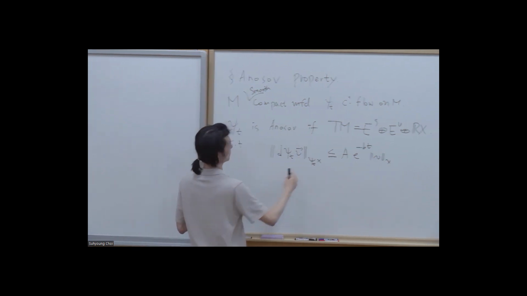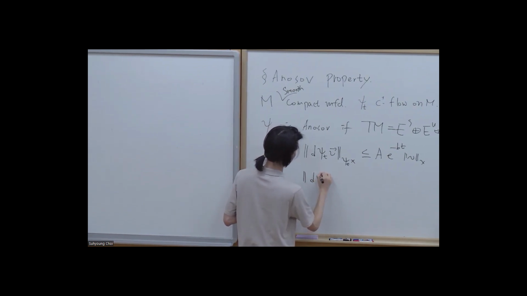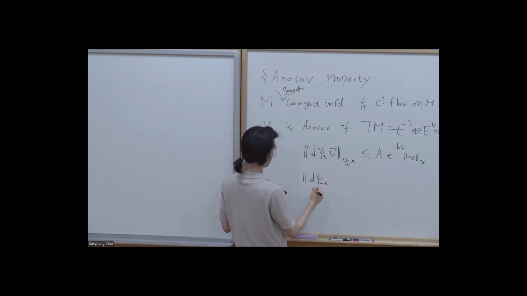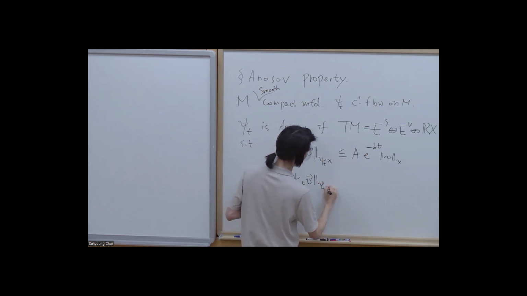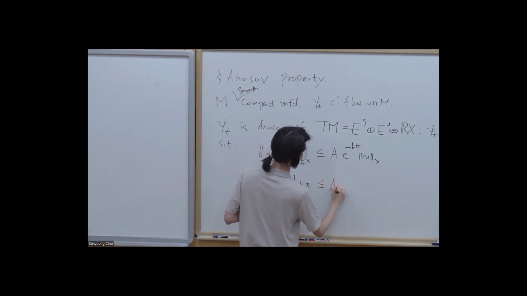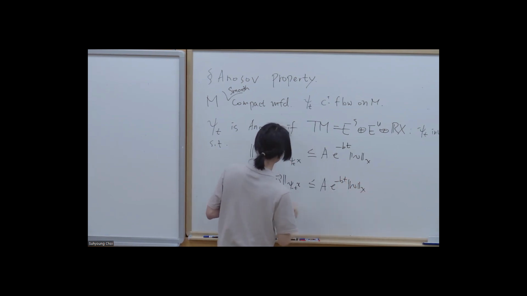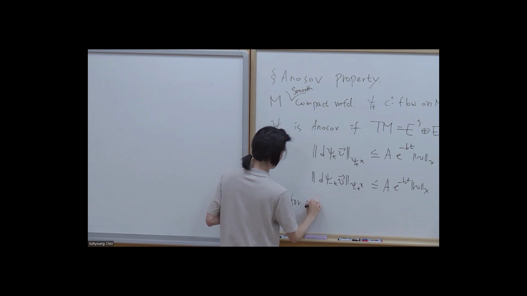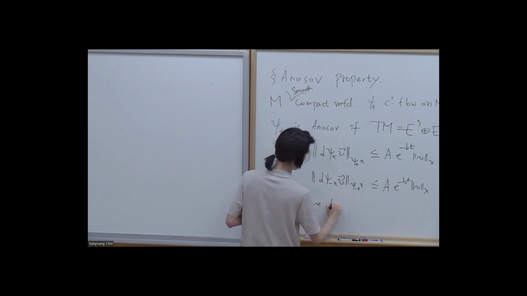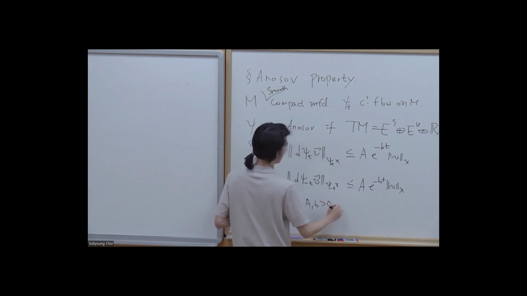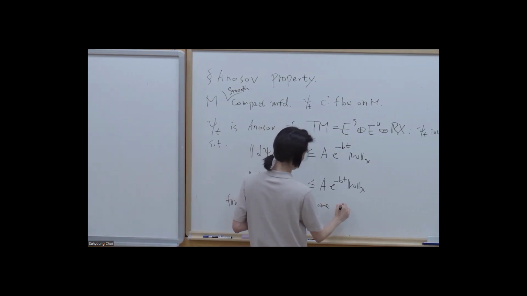On the other hand, on the unstable direction, we also have a contraction property, but we have to flow backward, for some positive constants A and B, and for some choice of metric.